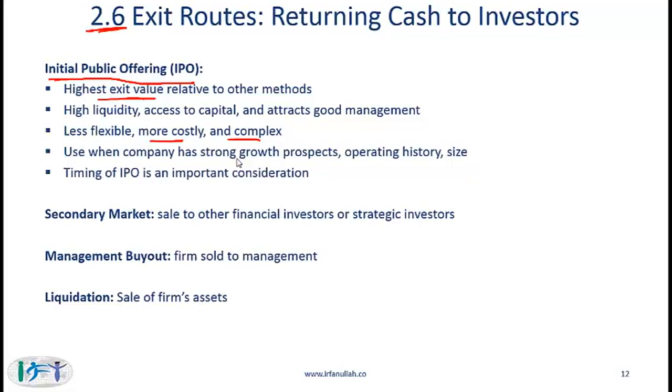This method is used when the company has strong growth prospects, a decent operating history, and a reasonable size. The purpose of an IPO is to be able to raise funds more easily. So it only makes sense to do this if the company actually needs funds and has a very bright future where those funds will then allow the company to grow fast.